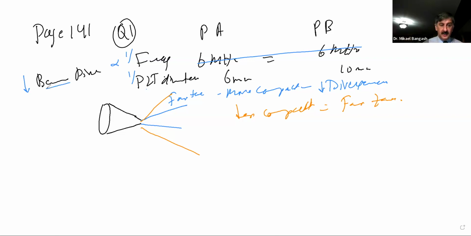Since we're looking for least divergence, and we know that divergence is inversely proportional to the diameter, we have to look for the greatest diameter. So it's going to be the one with the 10 millimeter transducer. Did you guys get that? Good.